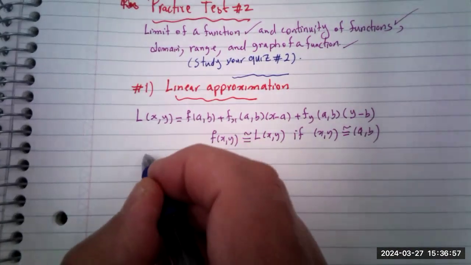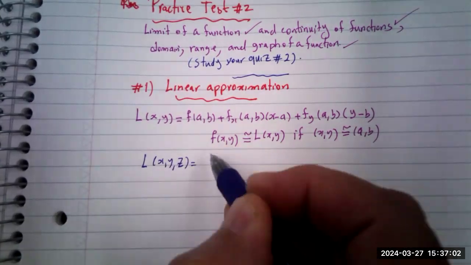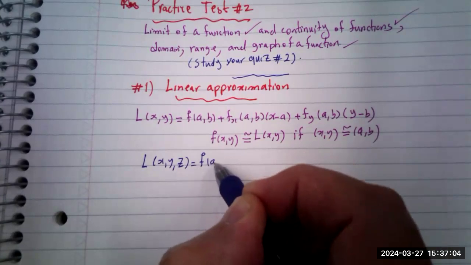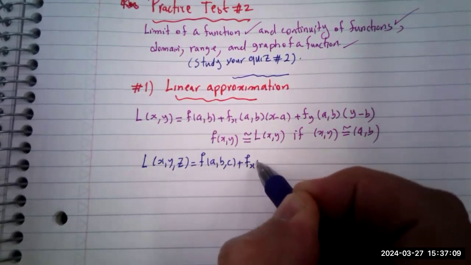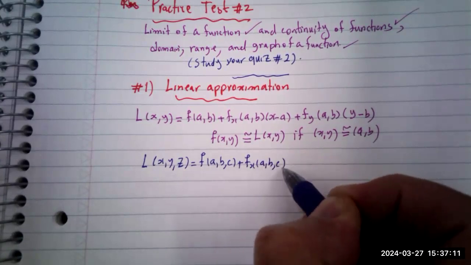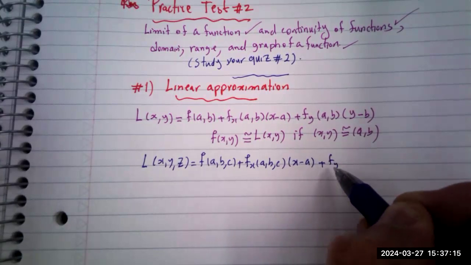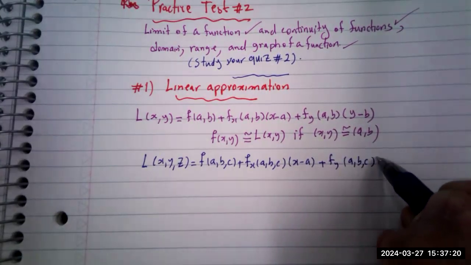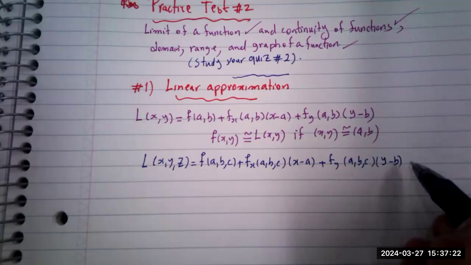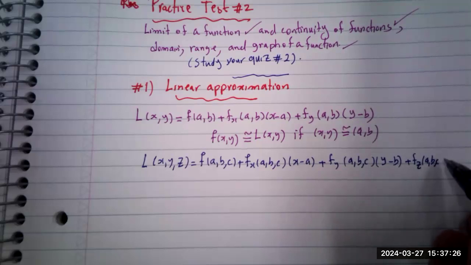Similarly, if you have a function of 3 variables x, y, z, we get the value of the function f(a,b,c) plus partial with respect to x at the point (a,b,c) times (x minus a), then partial with respect to y at (a,b,c) times (y minus b), and partial with respect to z at (a,b,c) times (z minus c).